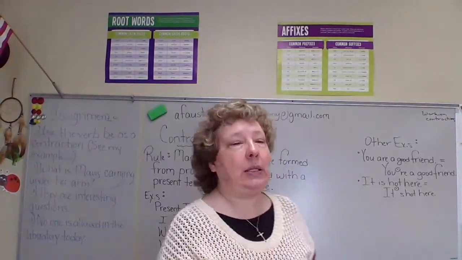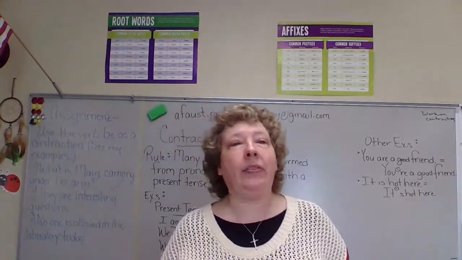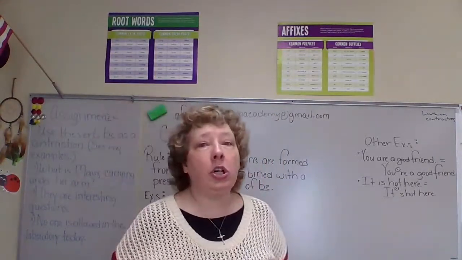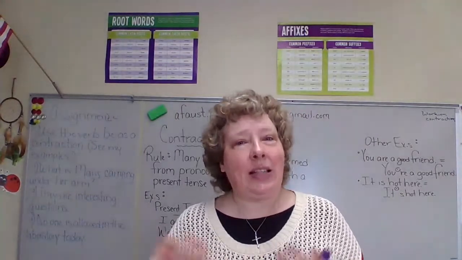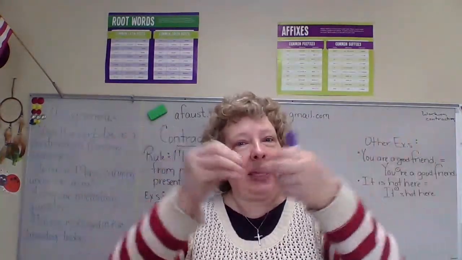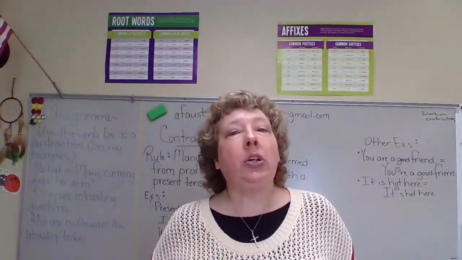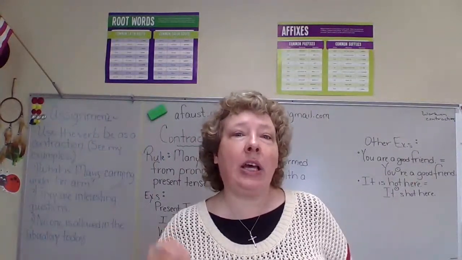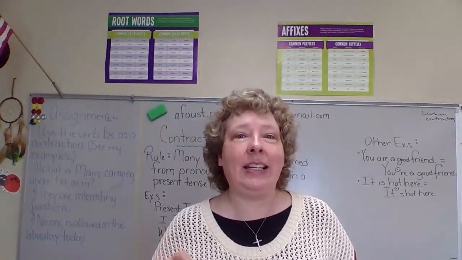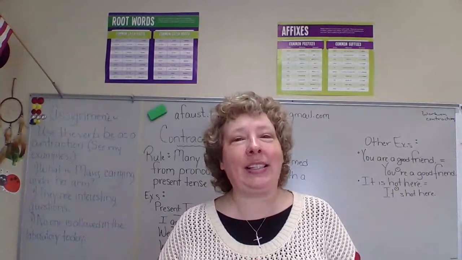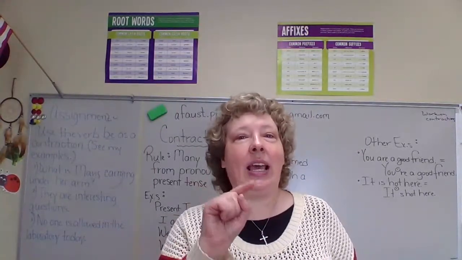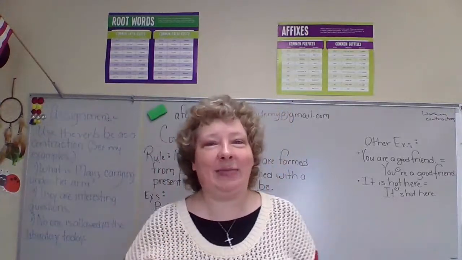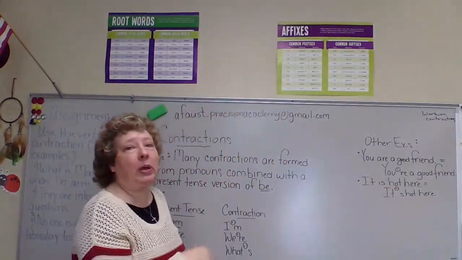So for instance, when you have the words could not and you shrink it into a contraction, that's what contractions are all about, making them smaller into one word. Couldn't, you lost the letter O in not. You see how that works? Couldn't, N-apostrophe-T.